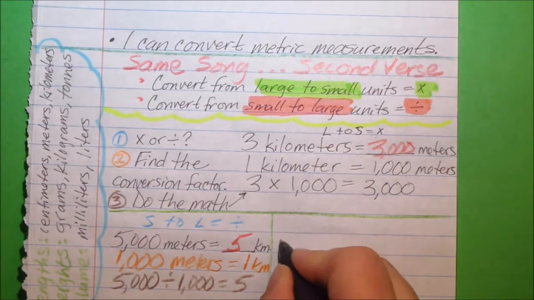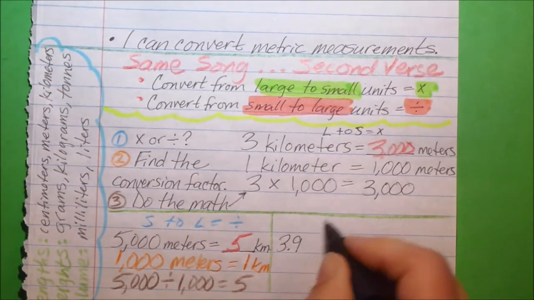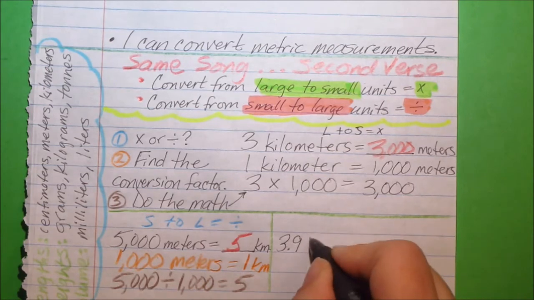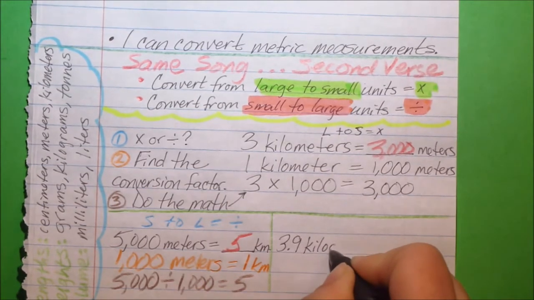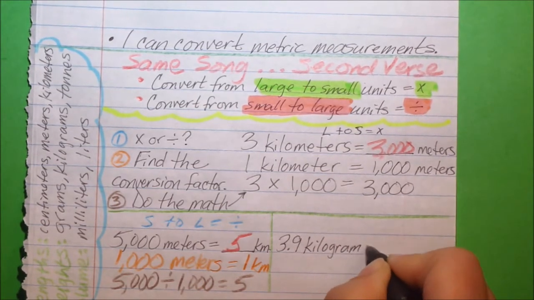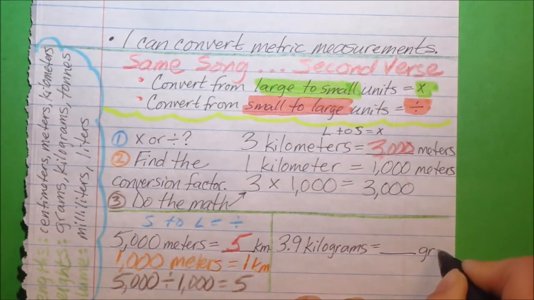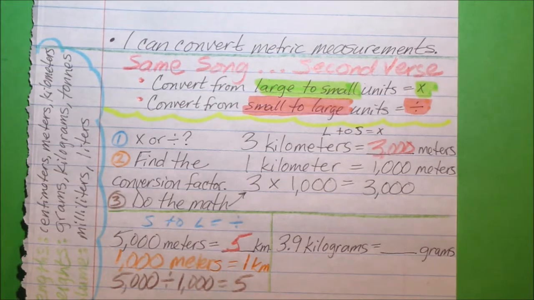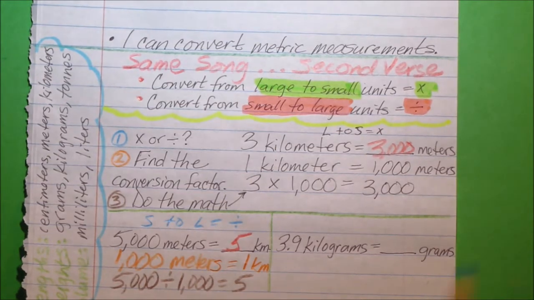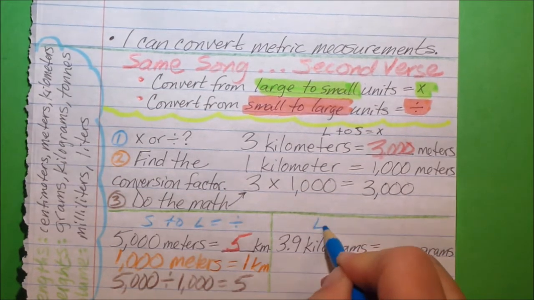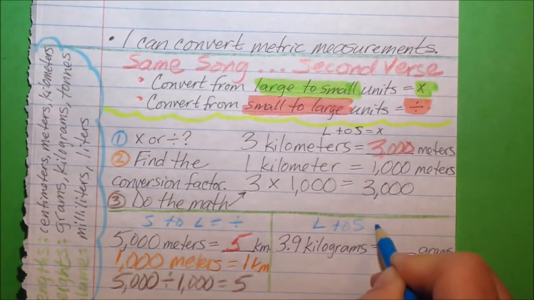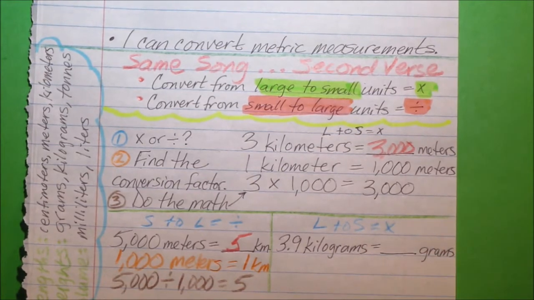All right, now one more over here. How about 3.9 kilograms equals how many grams? First thing I have to do is figure out, am I going to be multiplying or dividing? Well, kilograms are larger than grams, so I know this is going to be large to small, which equals multiply.